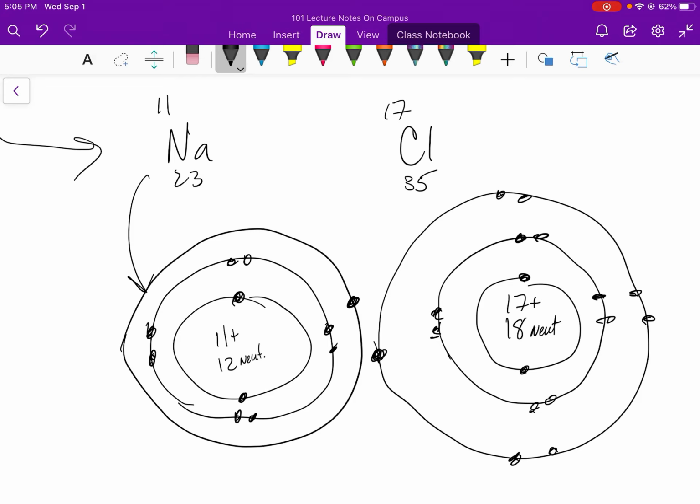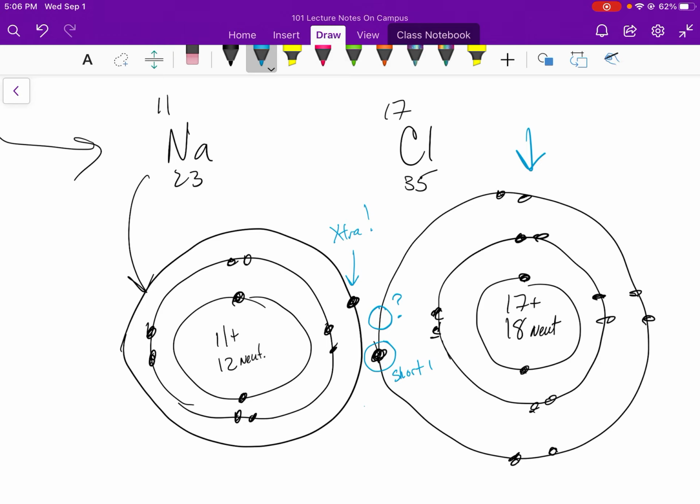So now you can see when these 2 things are next to each other, there's this really odd thing. And that is that on this side, I should draw this electron here, we're short 1, right? We'd love to have 1 right there. And you can see that in sodium, you have an extra.